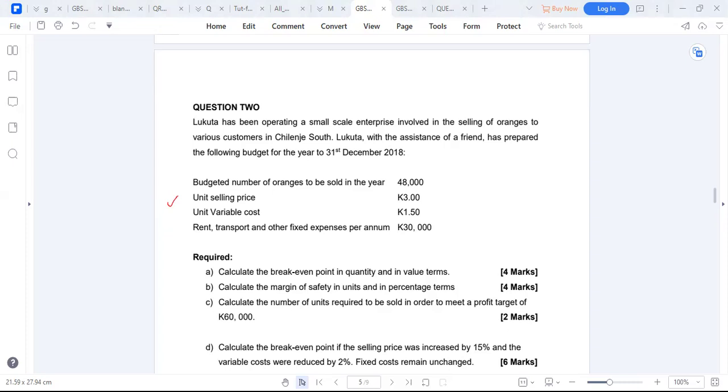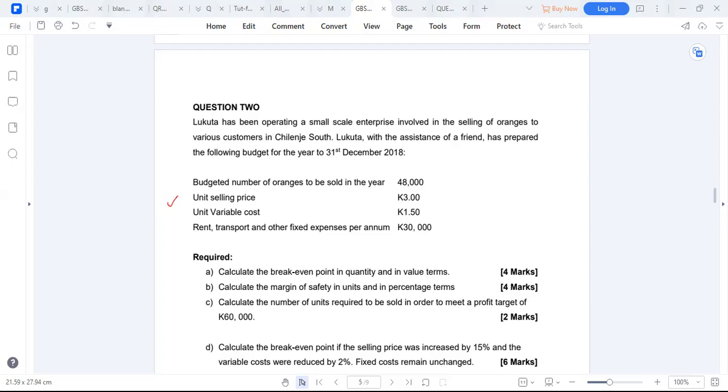So what is the essence of this particular topic? I usually love to start from there so that people understand the background. This is under CVP, which is also called break-even analysis.